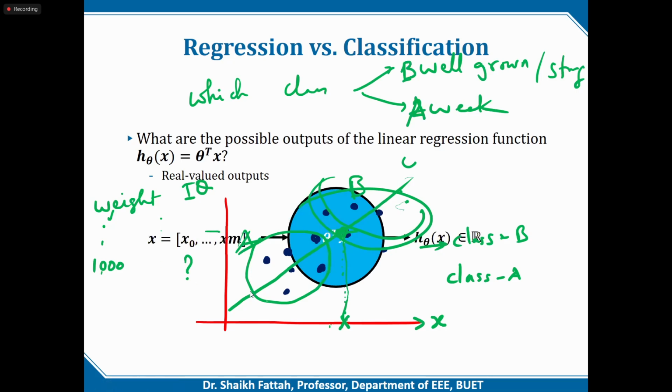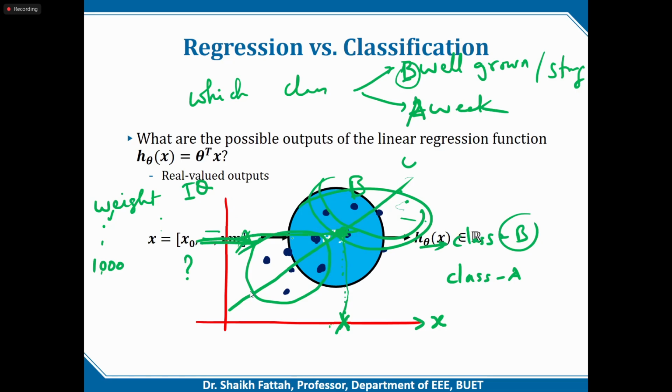So in that case, if the weight is this, I'll go here and say, okay, the baby belongs to class B. In that case, I don't need the predicted IQ value. But why am I telling all these things? Because if I know the predicted value, that can always help me to categorize the data.